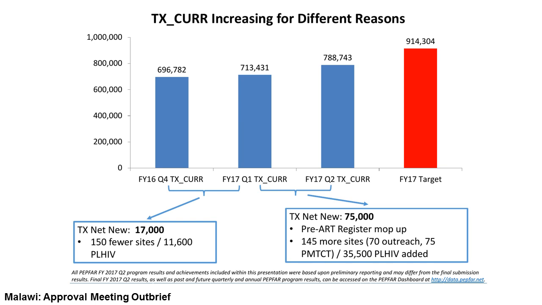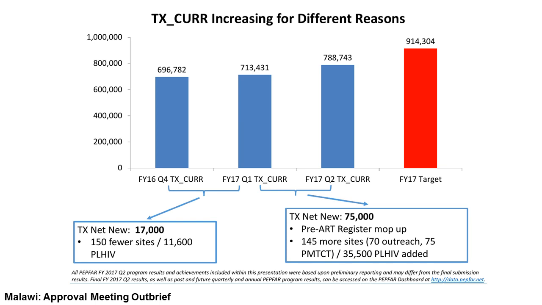They only had a net new of 17,000. But part of what they're saying is, either as part of the pivot or some of these reductions in services that I'm sure people have been aware of, they stopped counting at 150 sites.